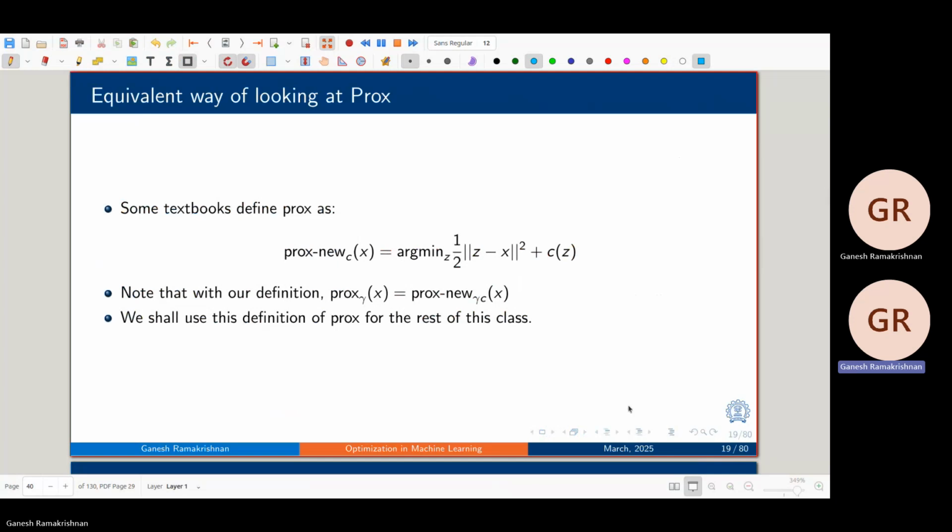Some textbooks also have a slightly different definition of prox. They have this prox with a parameter, and they also put this 1/2 of z minus x squared and so on. So we had gamma, but they put something else there.